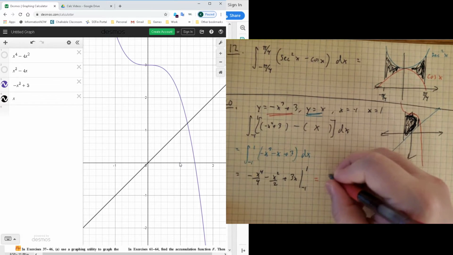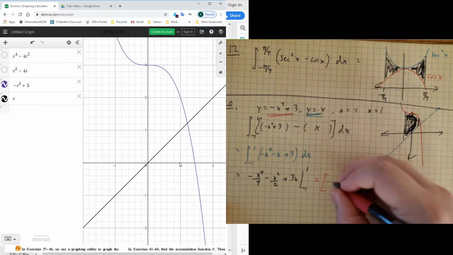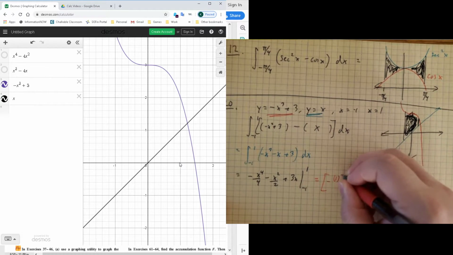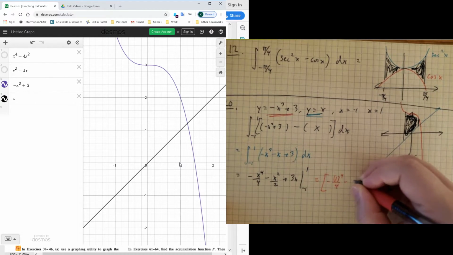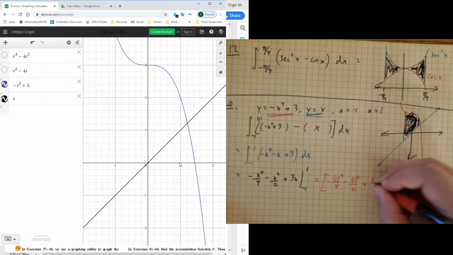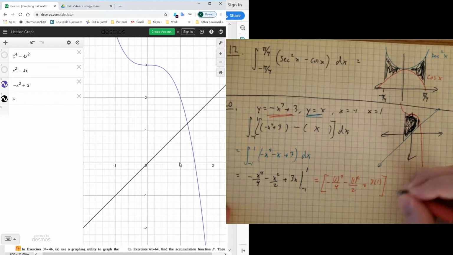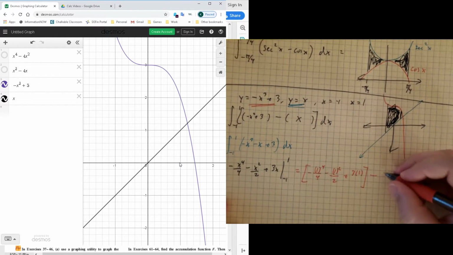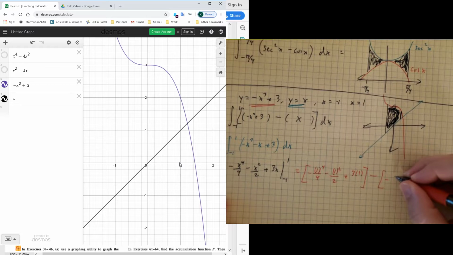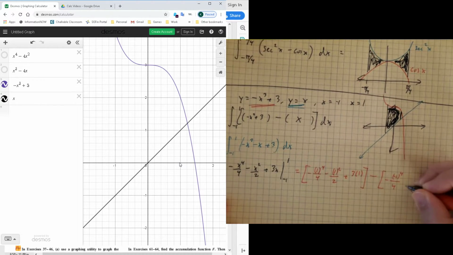So remember, the first one is plugged in first, so negative 1 to the 4th power over 4 minus 1 to the 2nd over 2 plus 3 times 1, minus the second one, which would be negative 1 to the 4th over 4 minus negative 1 squared over 2 plus 3 times negative 1.